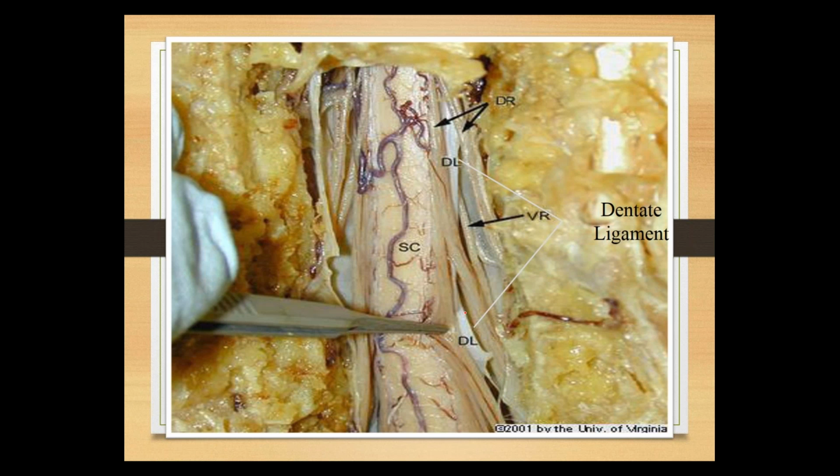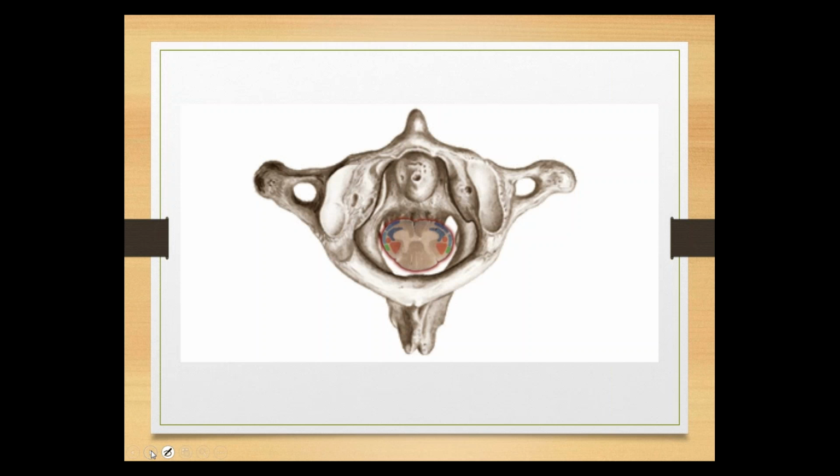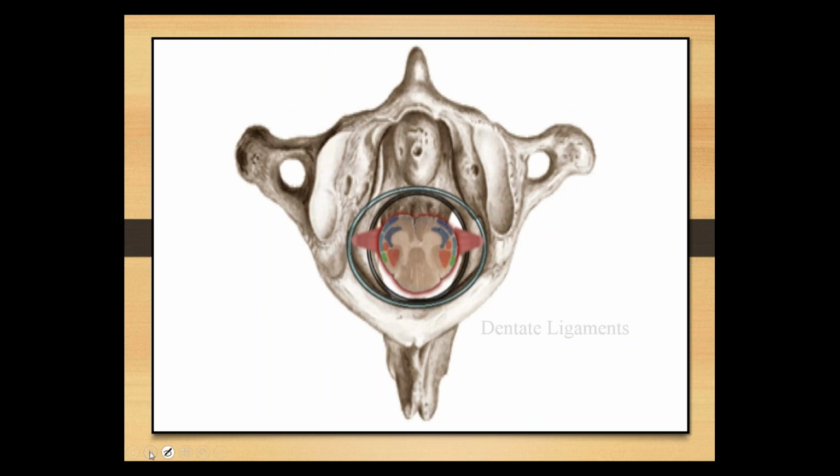But what we do see, down lower in the cord, is that they're a lot longer, and when it comes up into the upper cervical area, we see those dentate ligaments as shorter and fatter, and what they're doing basically is keeping this brain stem, upper spinal cord area in a real fixed position.